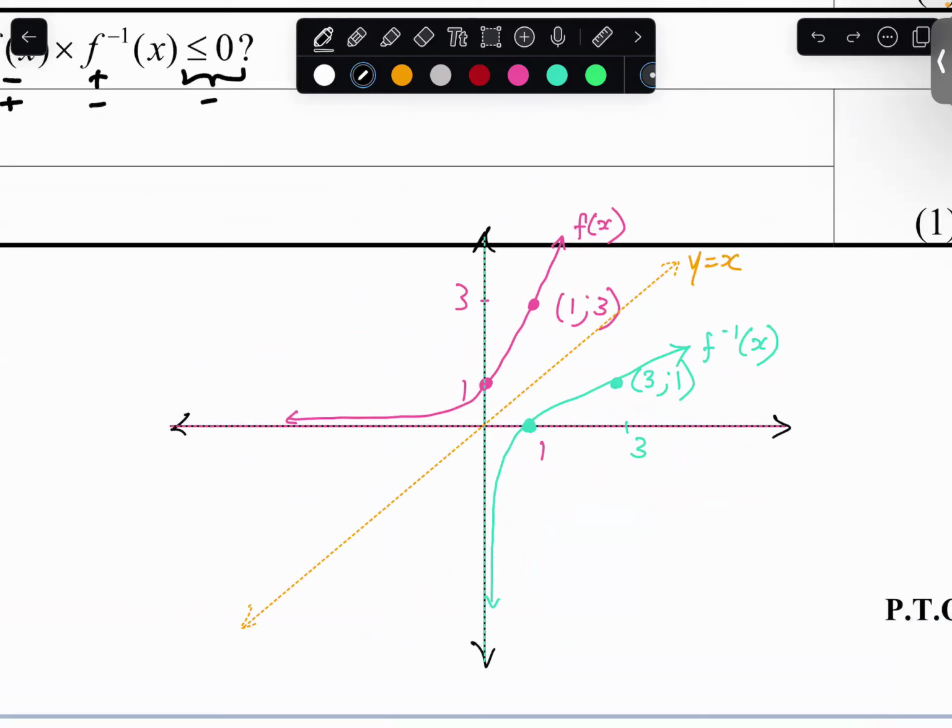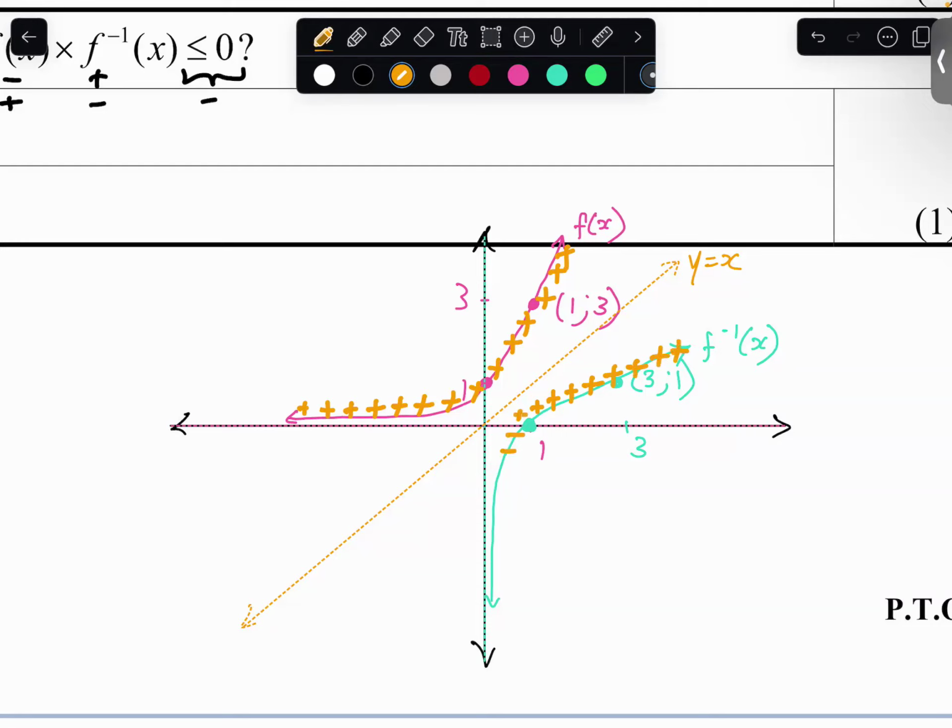Wherever a graph lies above the x-axis, it will be positive. So this graph always lies above, so it's always positive. This graph always lies above the x-axis, it's always positive. This graph lies above here, right?